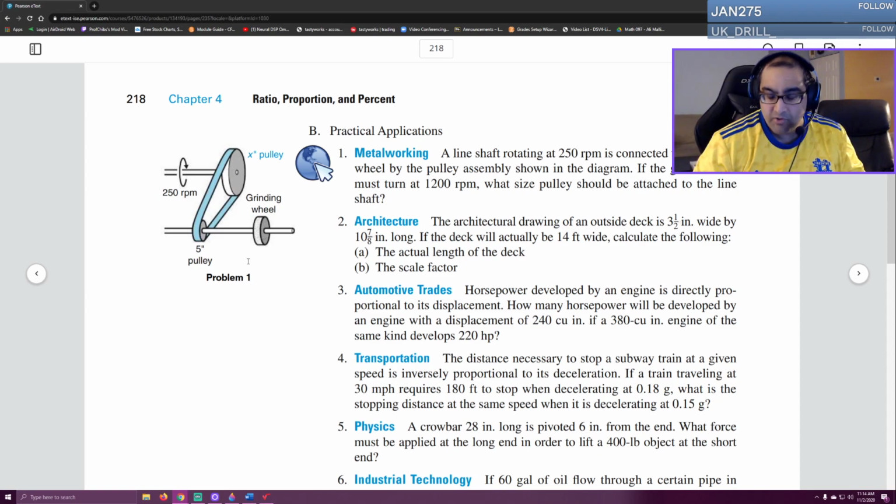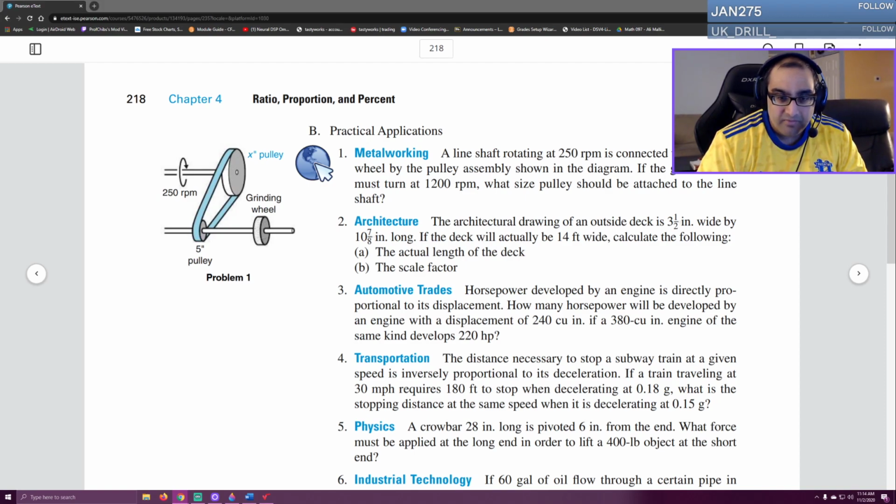So if it's a bigger pulley, it's going to take a longer time to go around, so it has less RPMs. So the bigger the pulley, an increase, the smaller the RPMs, a decrease. The smaller the pulley, a decrease, the bigger the RPMs, an increase.